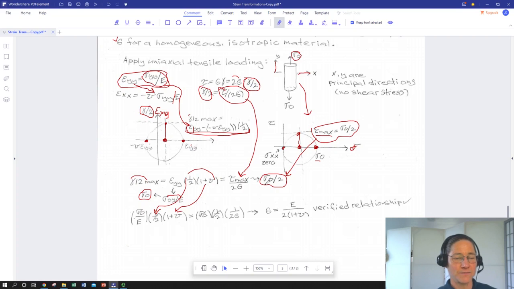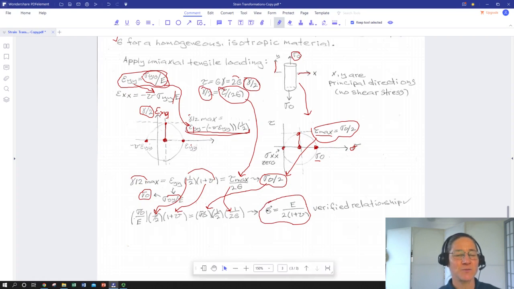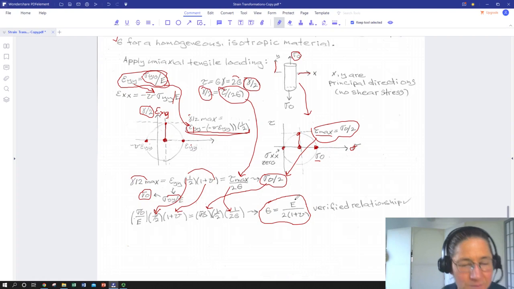We have applied stress divided by 2, that's these first two terms, and then 1 over 2G. So we end up canceling everything that's common to both sides and rearrange, and we have actually verified our relationship between shear modulus and Young's modulus or tensile elastic modulus and Poisson's, just simply using uniaxial loading and two Mohr circles, Mohr stress circle and a Mohr strain circle.